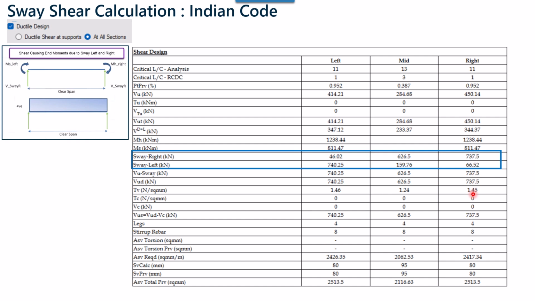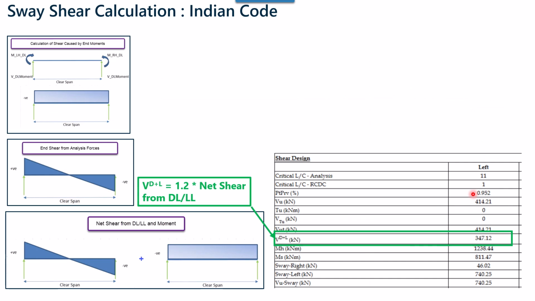Firstly, the shear causing end moments due to sway left and sway right is calculated. Further, the calculation of the shear caused by the end moments due to dead load and live load happens, and this shear due to moments is added with the shear due to dead load and live load, which is from the analysis. Once we add them, we get the value of this term, which is V dead plus live over here.